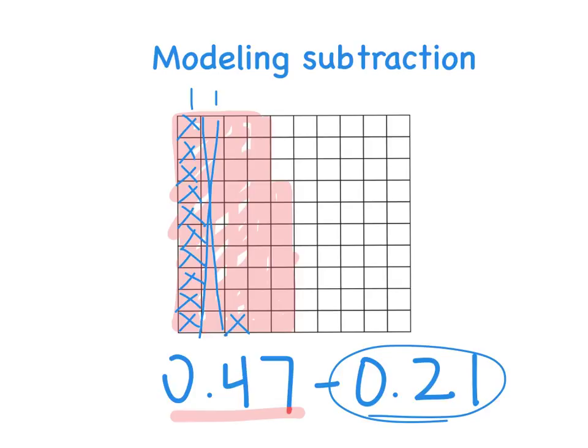Now to find your answer, you're going to see how many hundredths are left. I have 1, 2, 3, 4, 5, 6, 7, 8, 9 hundredths, and a whole row left. So that's 19 hundredths so far, since one column there is 10 hundredths or 1/10. And then I also have 1, 2, 3, 4, 5, 6, 7 more hundredths.